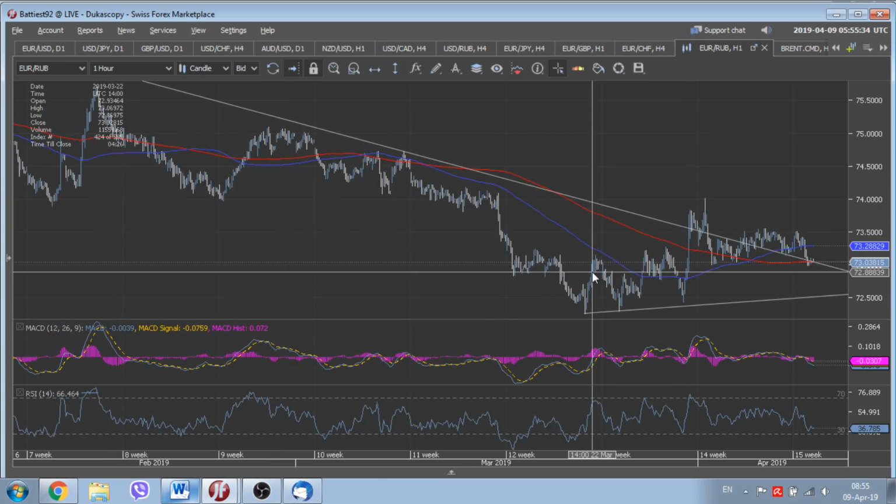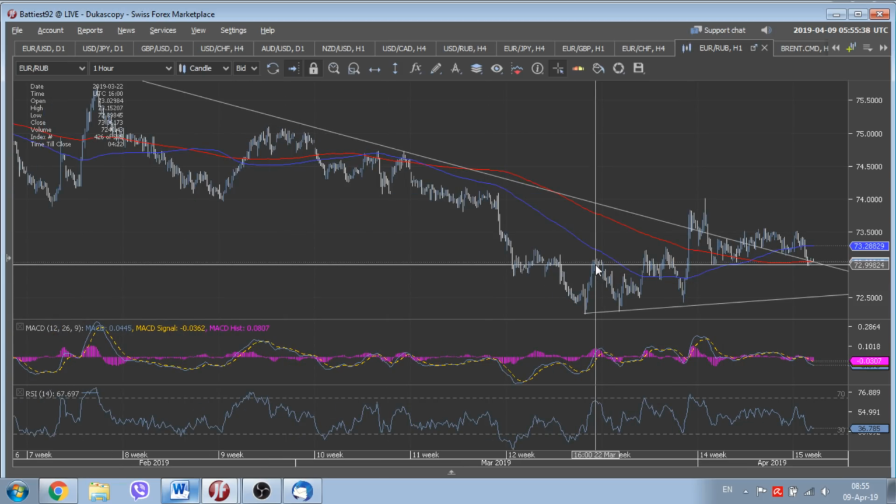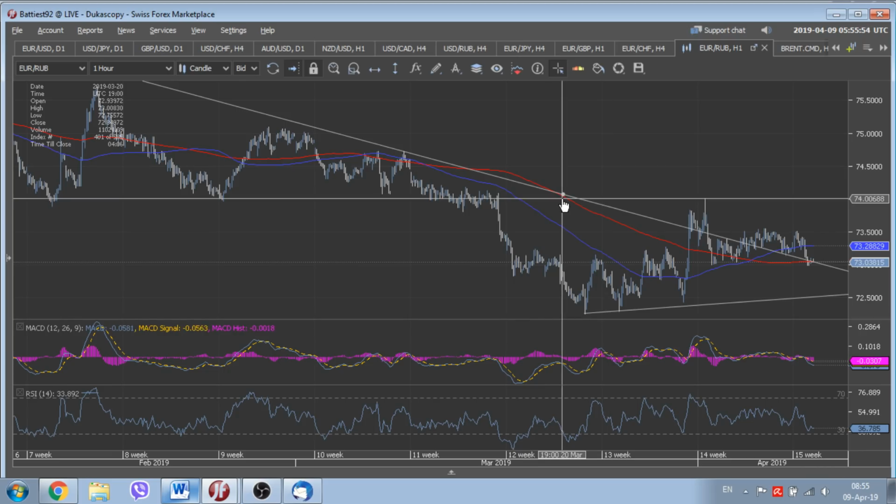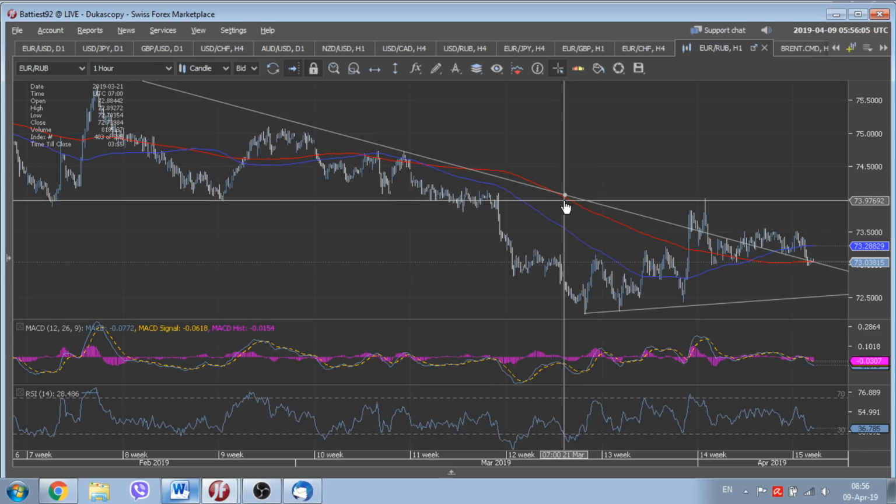Anyway, here we can find the first immediate support located at 74, with another one located around the lows of this week at 72.20. But once again, it's a little bit premature to say that ruble crosses are ready to extend their current downside potential. Let's wait a little bit.